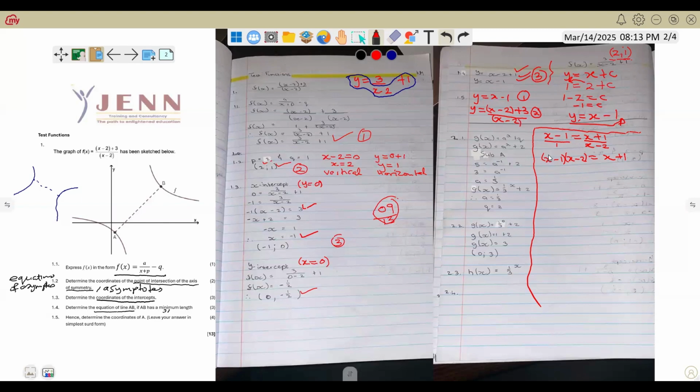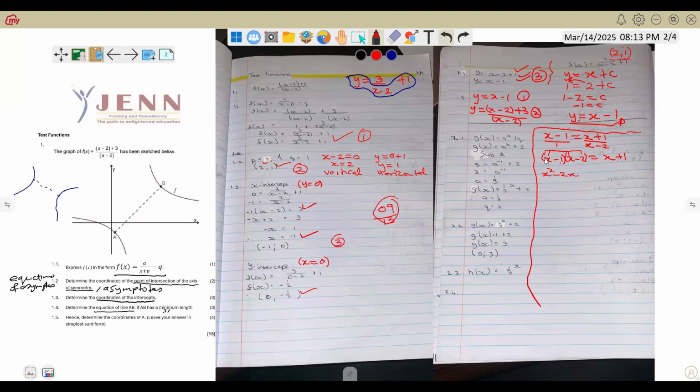If we take x times x, what are we going to get? X squared. Then take this x again, it must multiply the next term. So x times minus 2 is negative 2x.